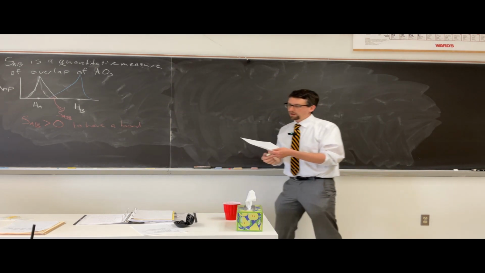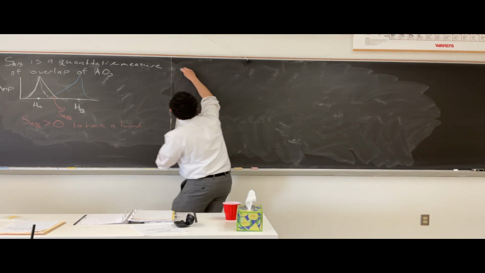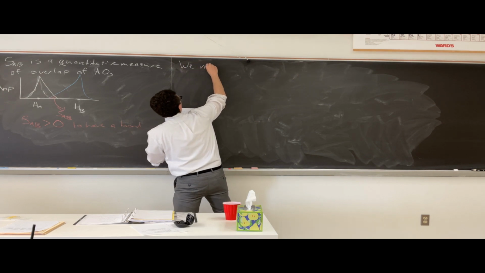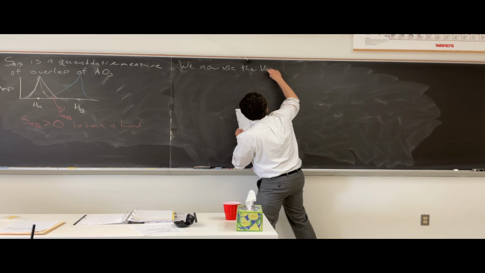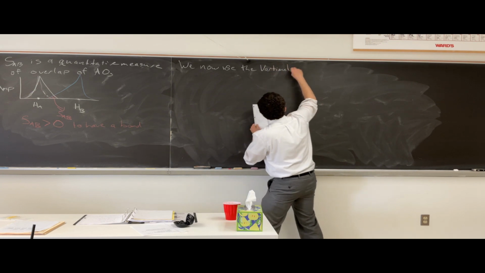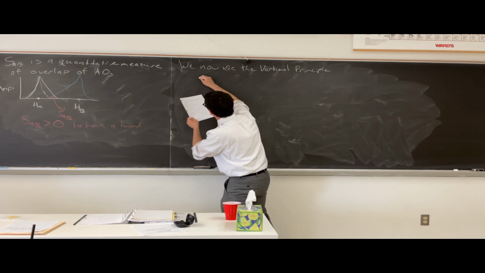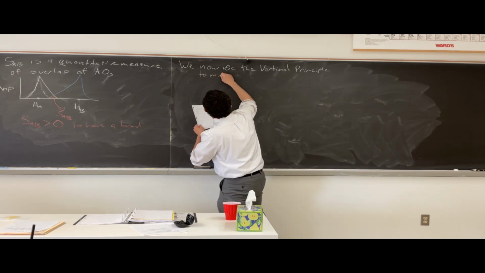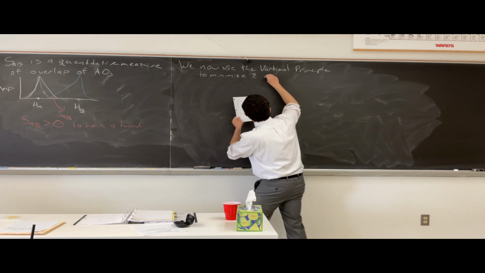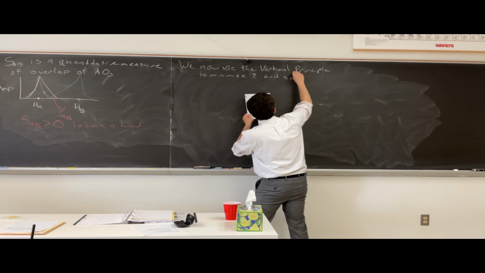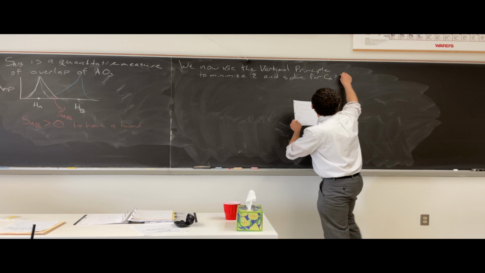But we still haven't figured out how to calculate E or how to get those coefficients. We now use the variational principle to minimize E and solve for CA, CB.